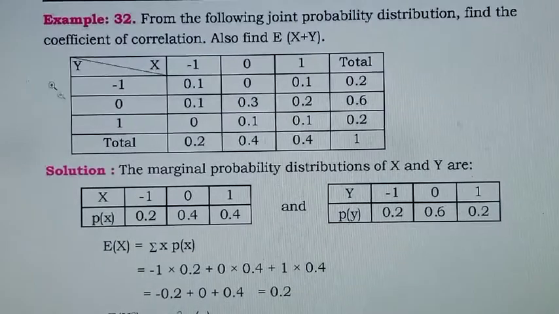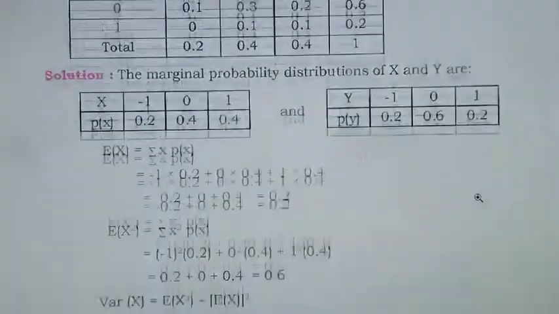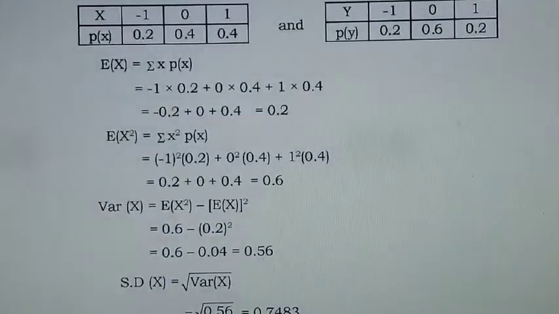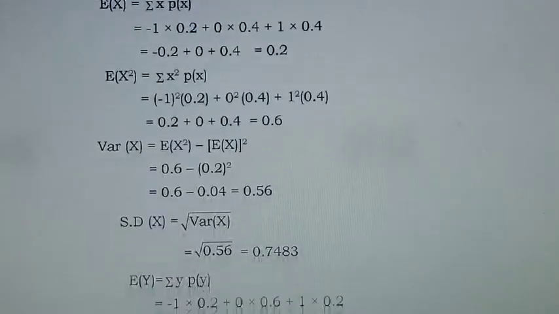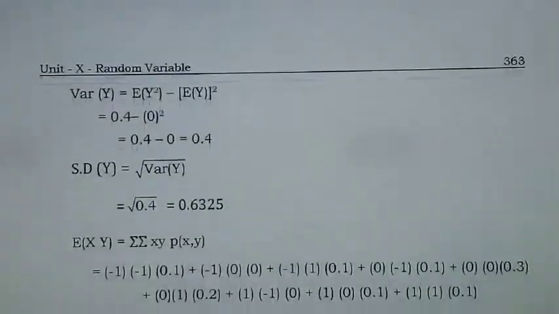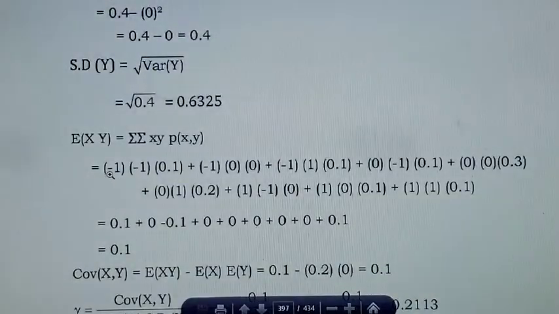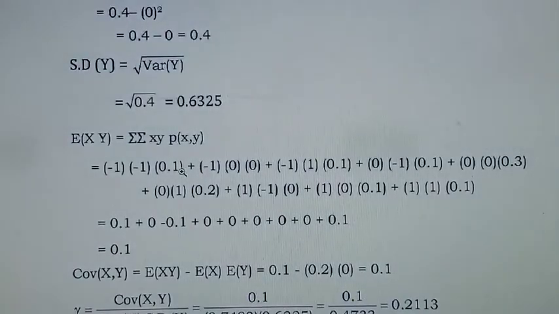See here, minus 1 into 0.1 plus minus 1 into 0 plus minus 1 into 1 into 0.1. That becomes the total, right? See here, first value, minus 1 into 0.01 plus, and so on.